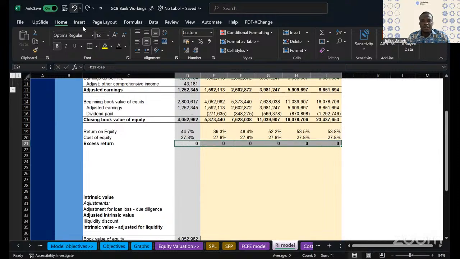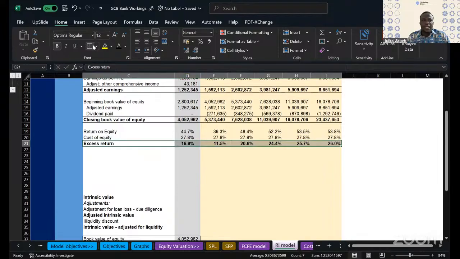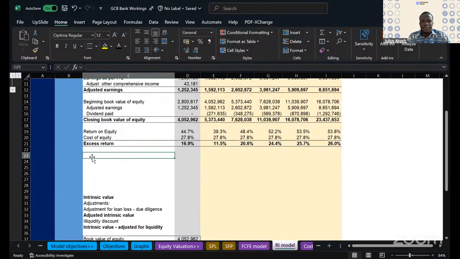I don't know why I'm not doing this one. The excess return is this. Okay. So we have our excess return. Now that we have our excess return, what then do we do? We can calculate our residual income.